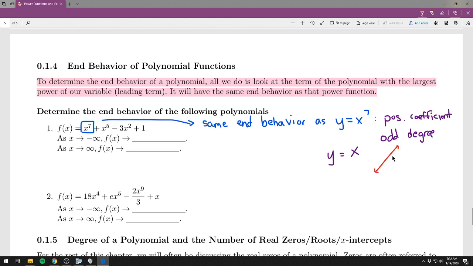So as we go to the right, the y is going to go up to positive infinity. And as we go to the left, it's going down.